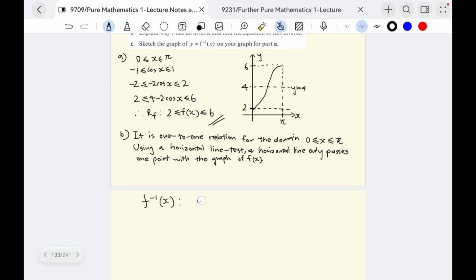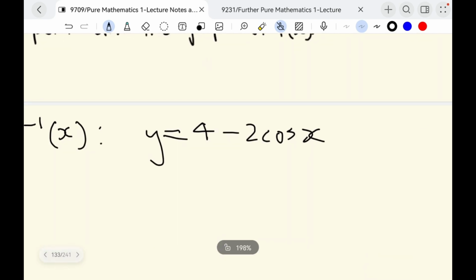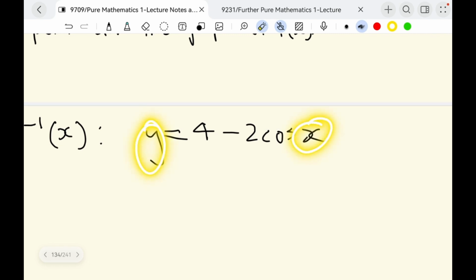So let the fx equals to y. So put the y equals, substitute the y on the fx, and then equals to 4 minus 2 cos x, and change the subject from y to x. So now let's find the expression of x in terms of y.